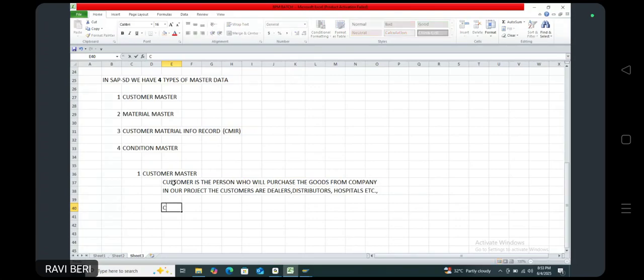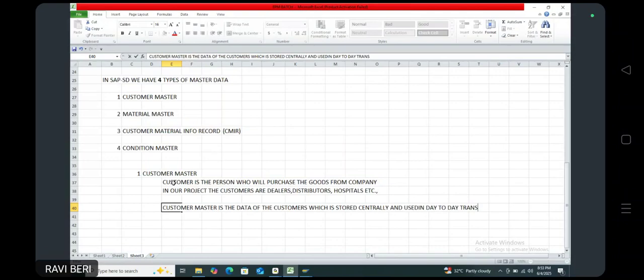So customer master is the data of the customer which is stored centrally and used in day-to-day transactions wherever it is required.